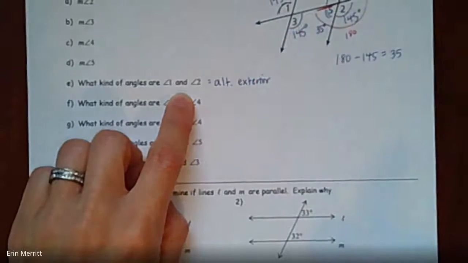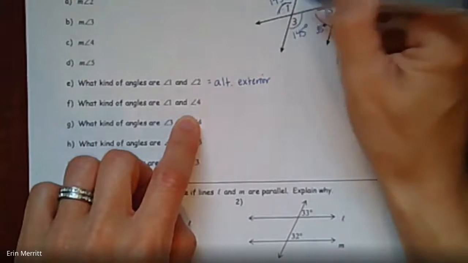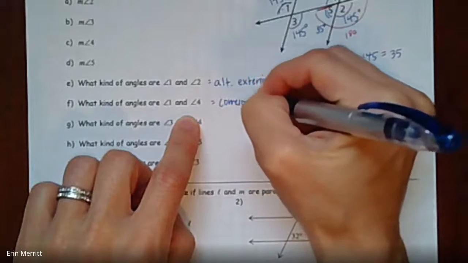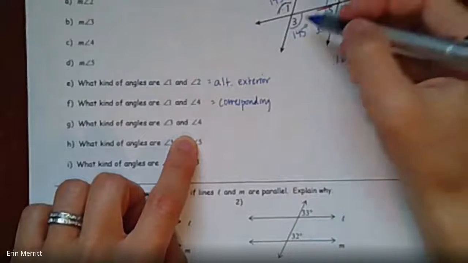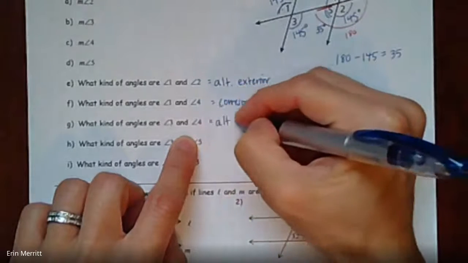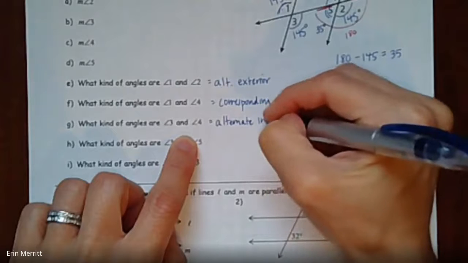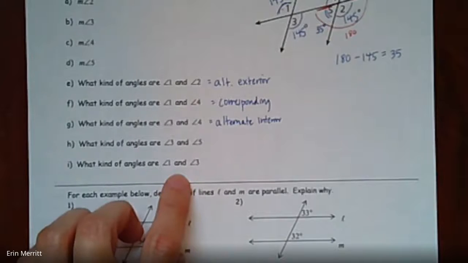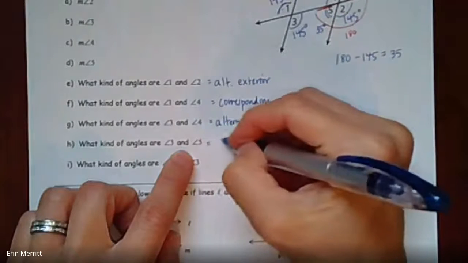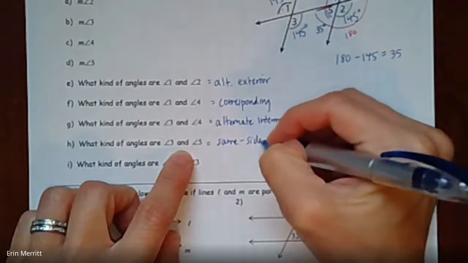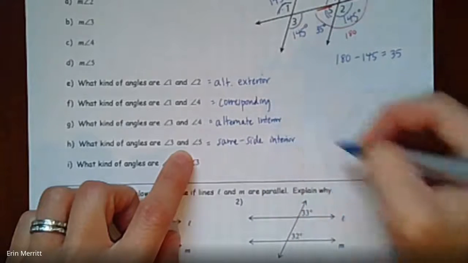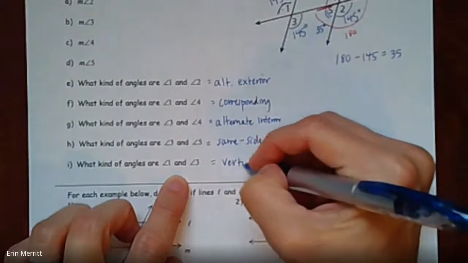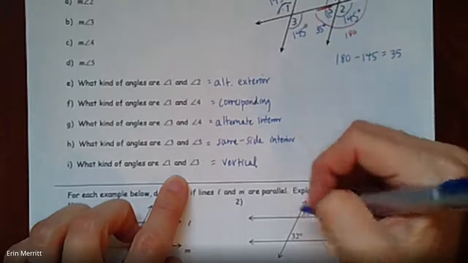And you can abbreviate a little as long as it makes sense to you. 1 and 4, corresponding. 3 and 4, alternate interiors. 3 and 5, same side interior. And then what kind of angles are 1 and 3? Those are vertical. And it's CAL angles.